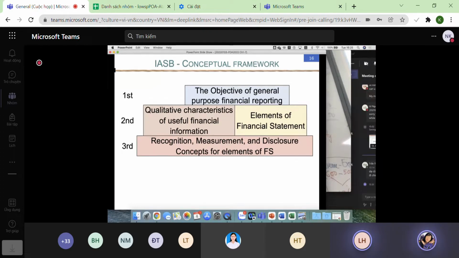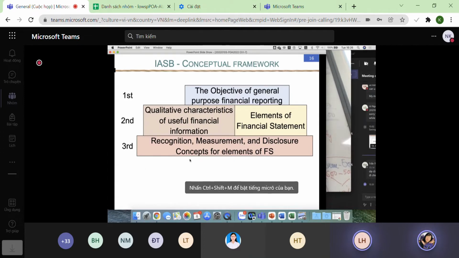That means assets, liabilities, equity, revenue, and expenses. Five elements, how to recognize them.